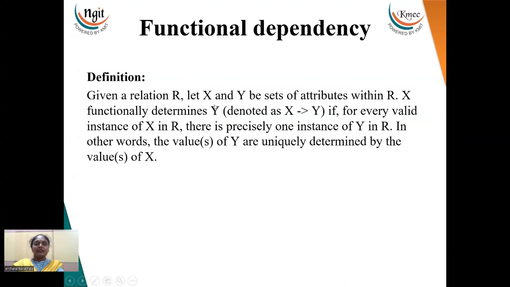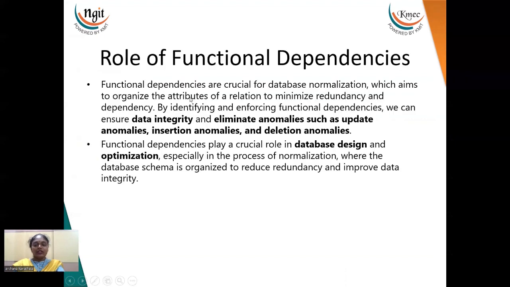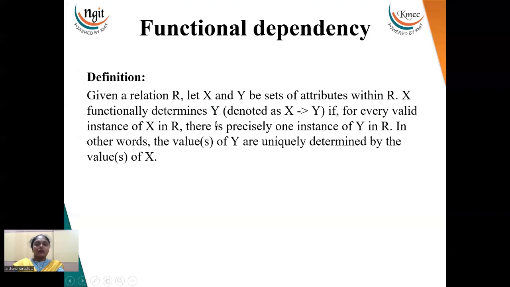Let X and Y be a set of attributes within R. X functionally determines Y, denoted as X arrow Y, if for every valid instance of X in R, there is precisely one instance of Y in R. In other words, the values of Y are uniquely determined by the values of X. Same thing that we have explained along with the example.